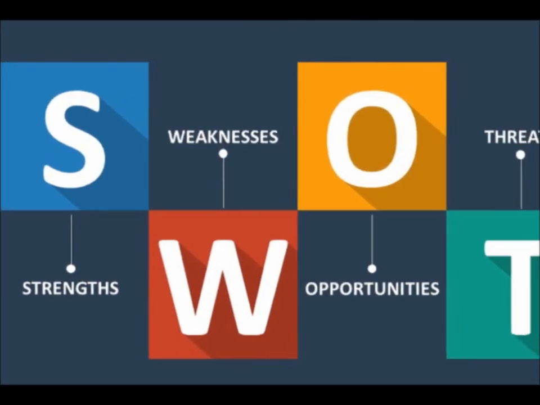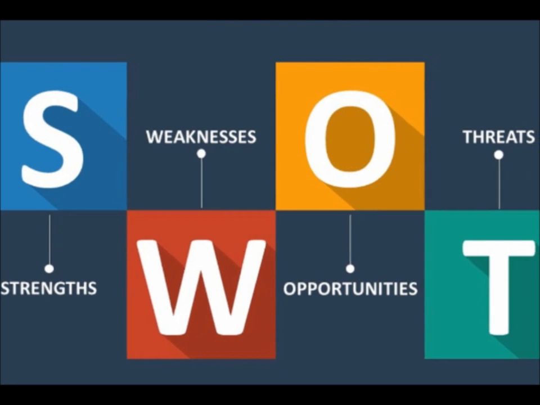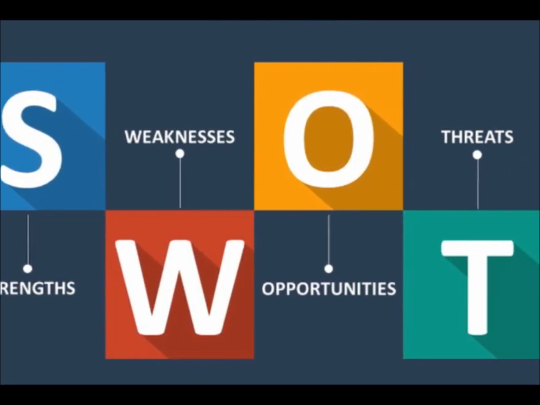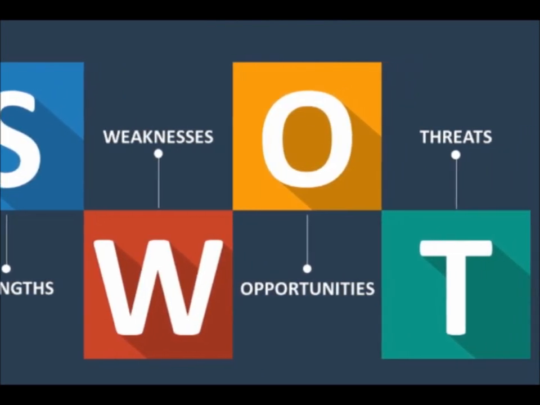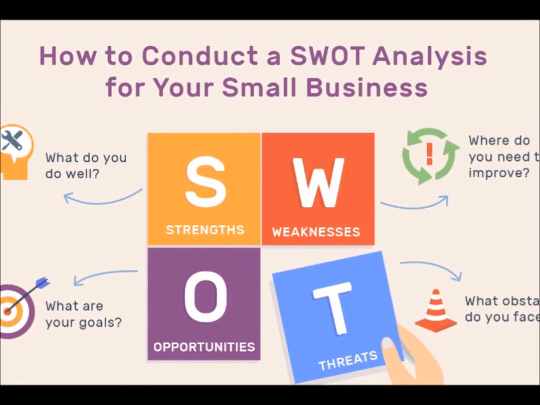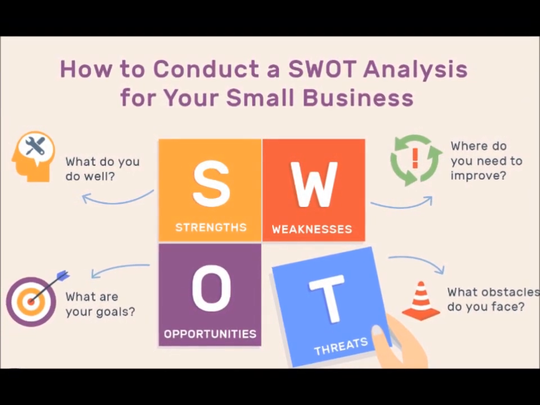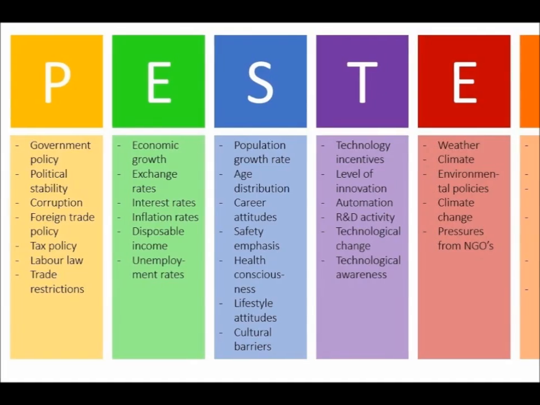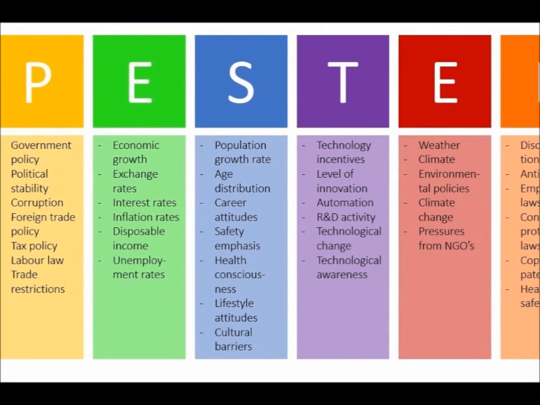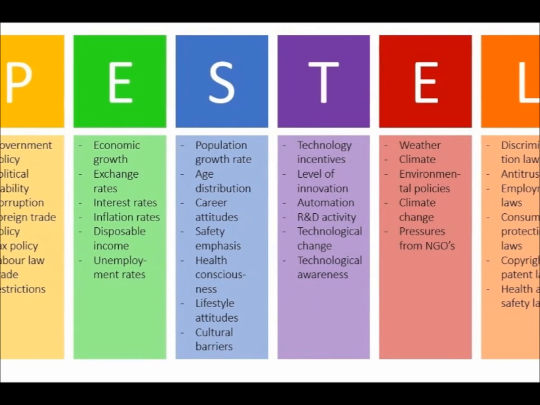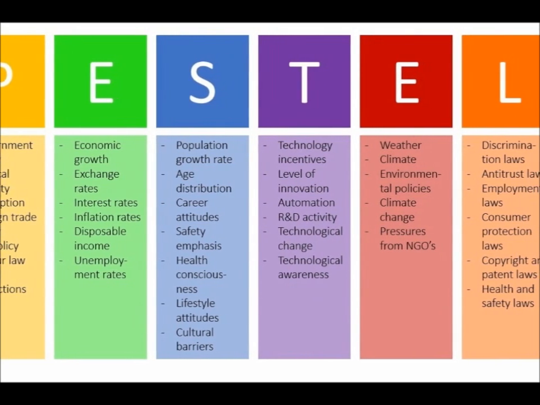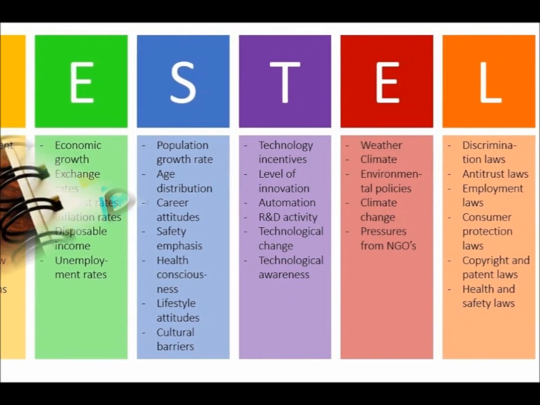SWOT is to identify internal strengths, internal weaknesses, external opportunities, and external threats, as well as mitigation of the risk and the company's plans to invest in the internal strengths and opportunities. The PESTEL model involves the collection and portrayal of information about external factors which have, or may have, an impact on business.